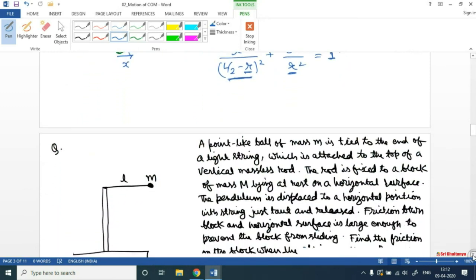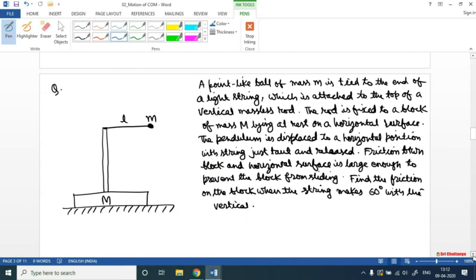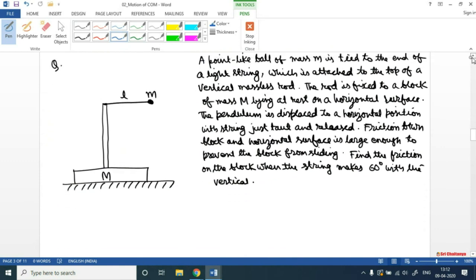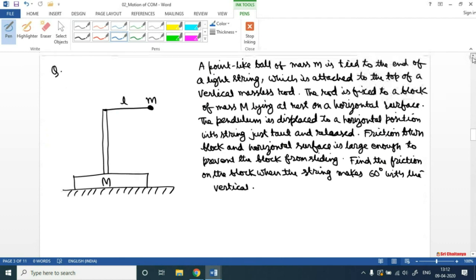And now let's look at one more question for the motion of center of mass. What we have over here is this diagram. Let's try to read the question. There is a point-like ball of mass m tied to the end of a light string which is attached to the top of a vertical massless rod.